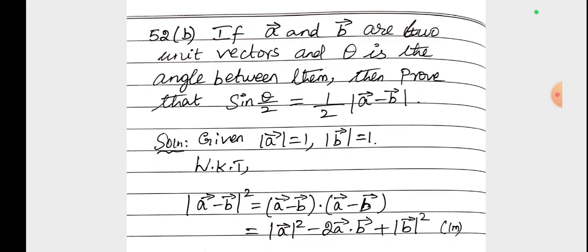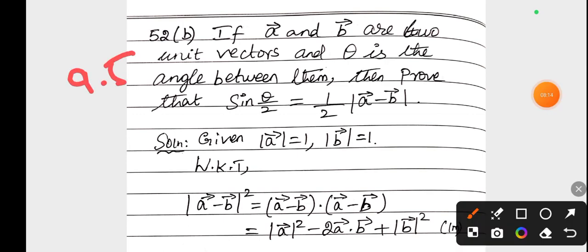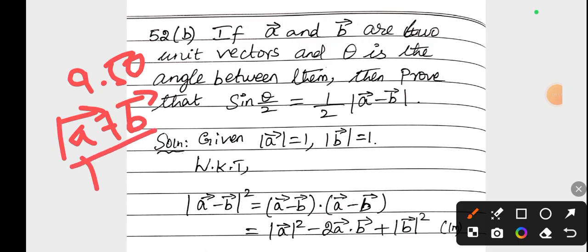Again, this type of sum we have done, I think around the 40s, but that was more work comparatively, like the 50th sum. If you see question number 50, in that we have magnitude of A plus B by magnitude of A minus B, but here magnitude of A minus B alone is there.